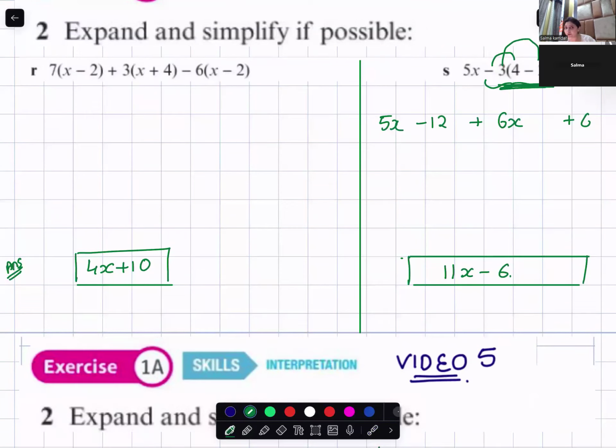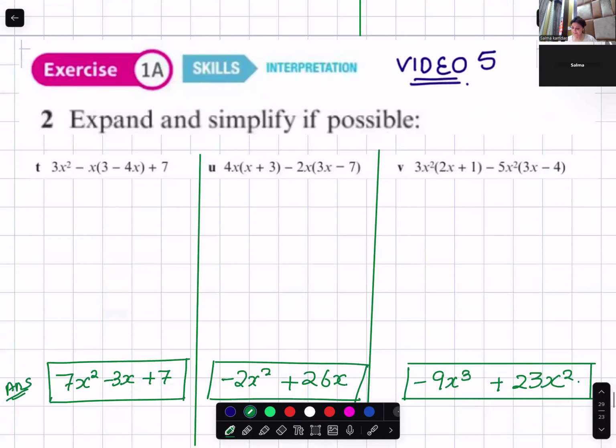It is very important to understand what should be multiplied with what. Then you get 6 plus 5, 11x minus 12 plus 6. Minus 12 plus 6 would make it 11x minus 6.